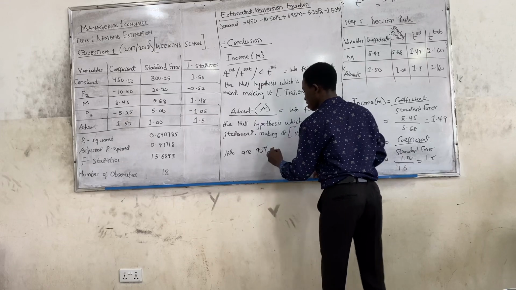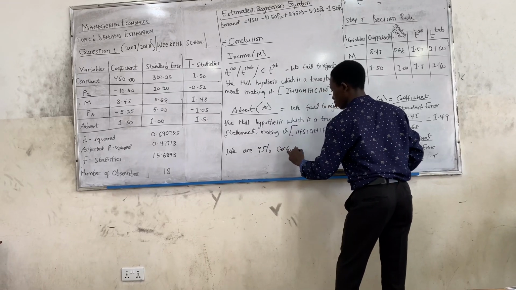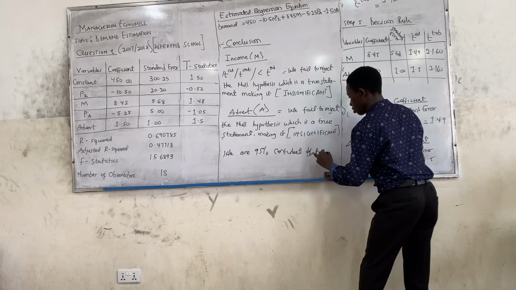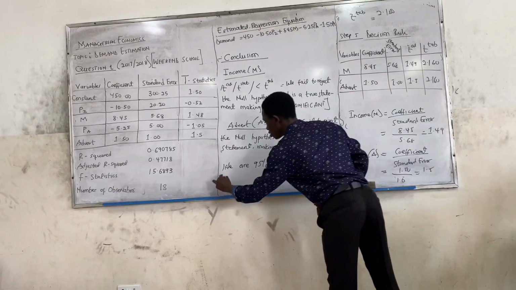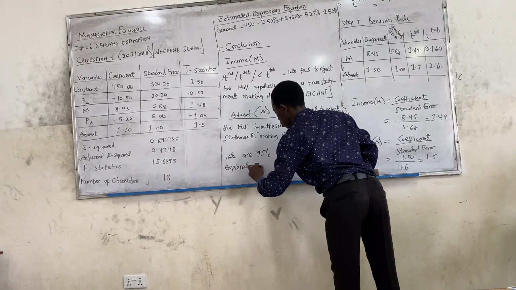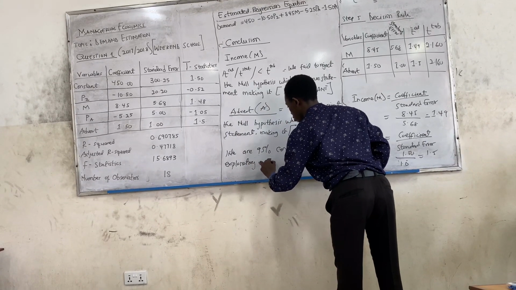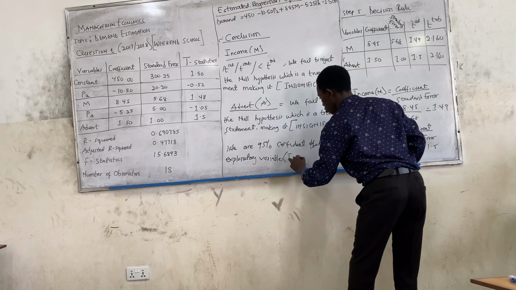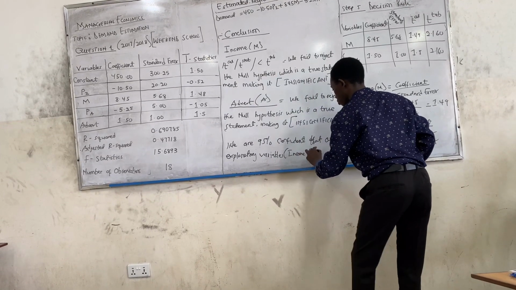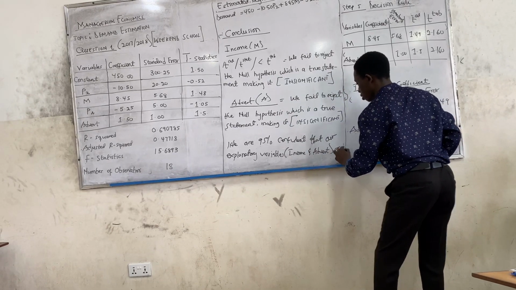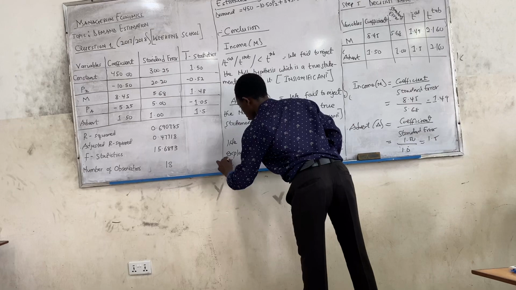We are 95% confident that our explanatory variables, income and advert, are insignificant.